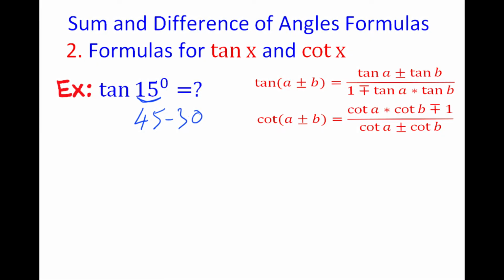By the way, let me remind you of some special right triangles. For example, let's say we have here 30 degree, this is 60 degree, and this is 90 degree. If this side, which is opposite of 30 degree, is 1, then that side, which is opposite of 60 degree, is square root of 3, and the hypotenuse is going to be 2.